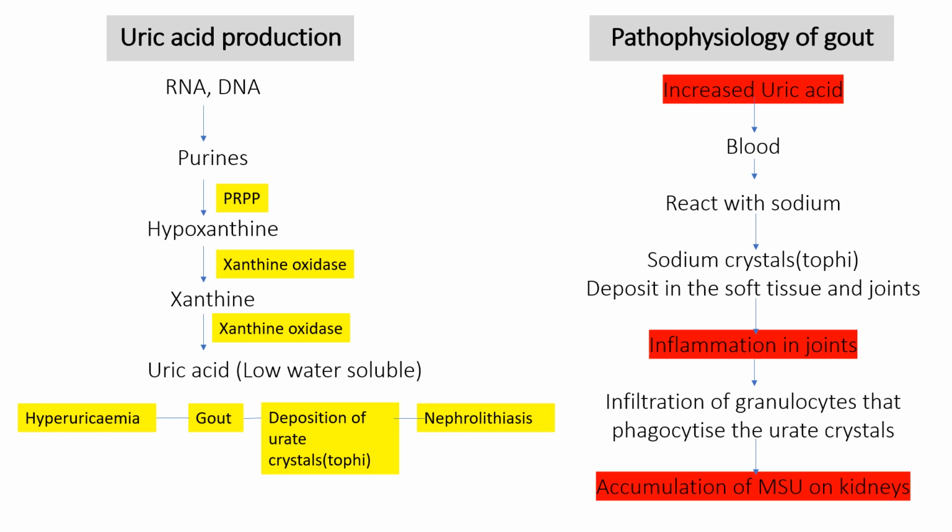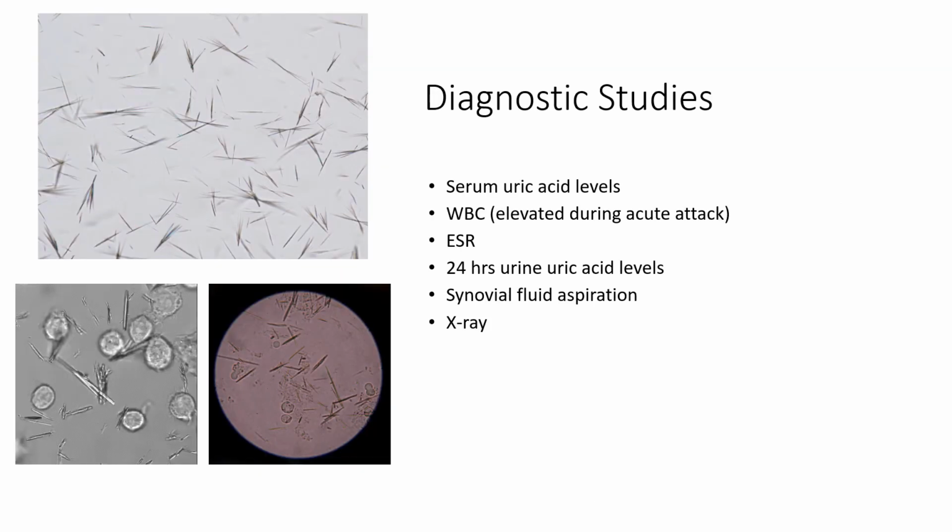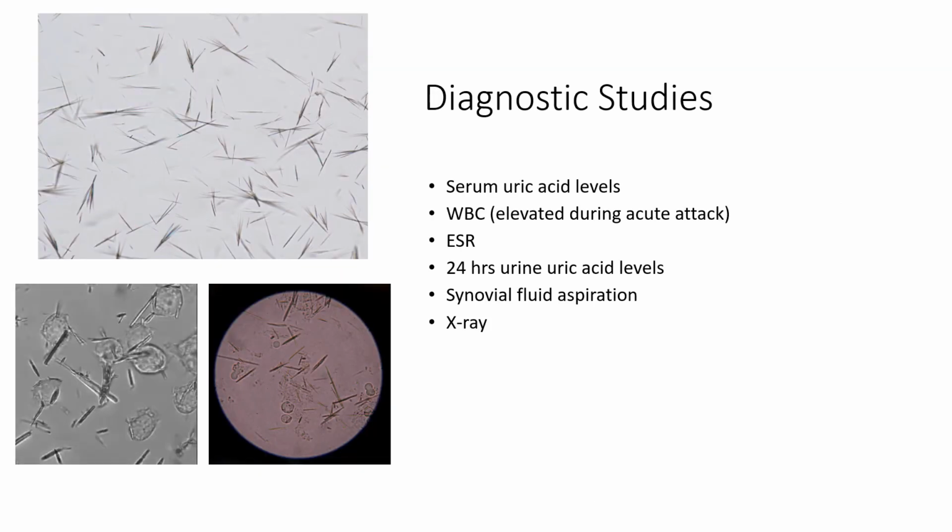There is infiltration of granulocytes that phagocytose the urate crystals, which means they engulf the monosodium urate crystals, and they accumulate in the kidney. The accumulation of monosodium urate crystals in the kidney again reduces the function of the kidney.